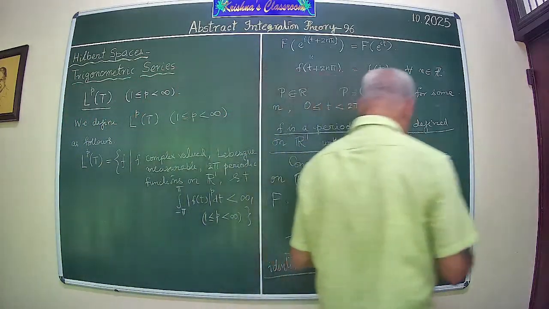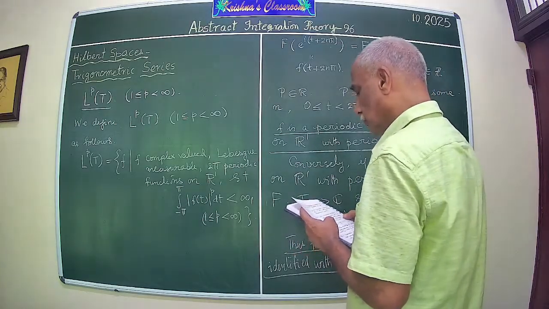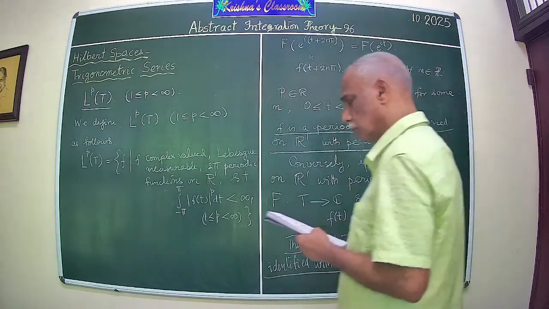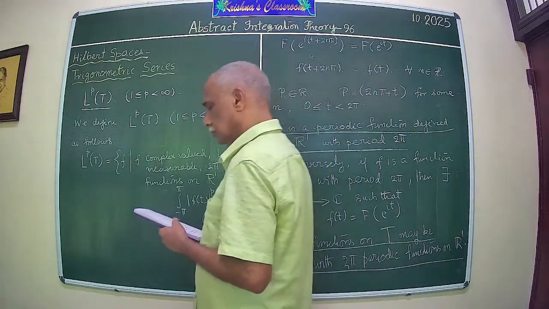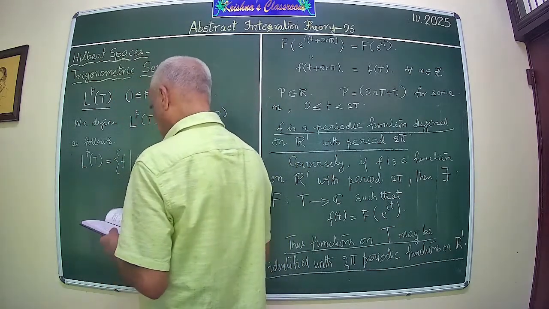So this is like LP mu, where mu is Lebesgue measure on 0 to 2 pi, or on T divided by 2 pi.